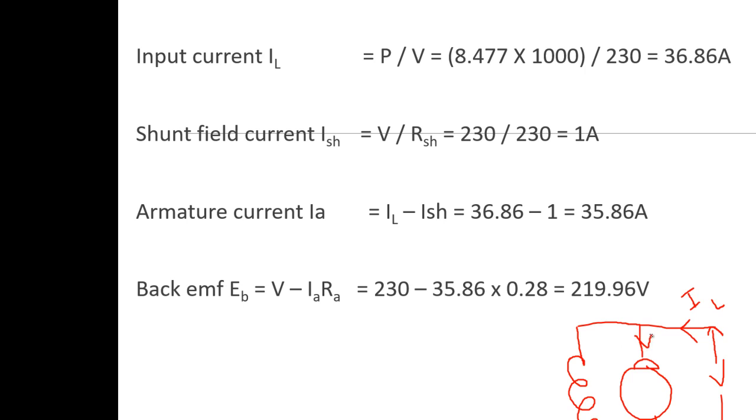The current which is flowing through the armature is IA. And the current which is flowing through the RSH, that is the shunt field winding, is ISH. This is the back EMF EB.